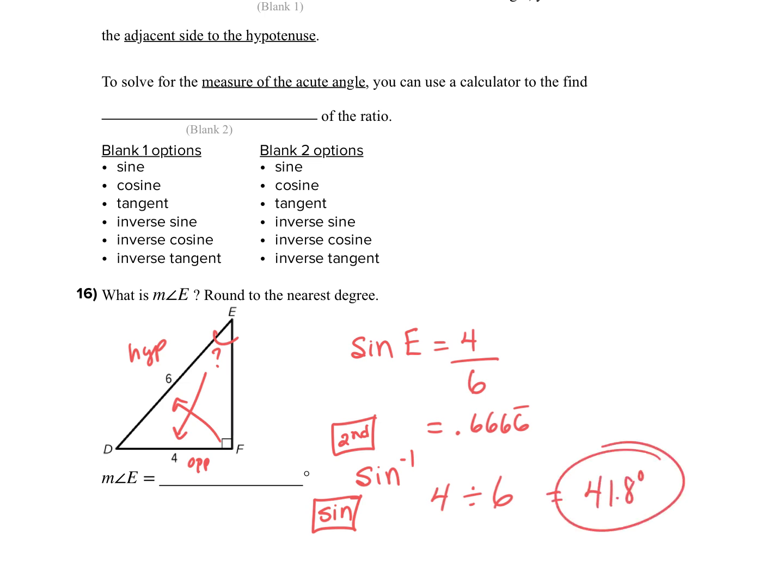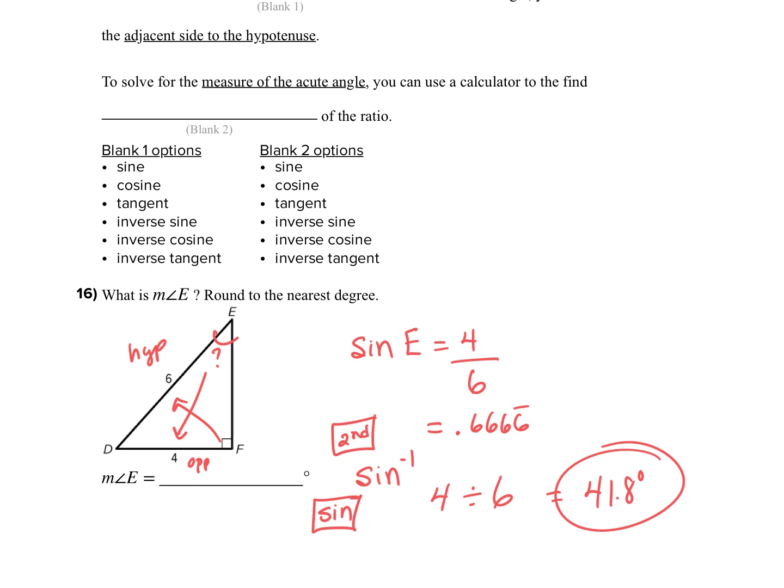Okay. So we labeled the triangle to determine which values of the triangle I had. Was it the opposite side, the adjacent side, or the hypotenuse? And then, based on which side lengths of the triangle I had, I was able to determine which function to use.